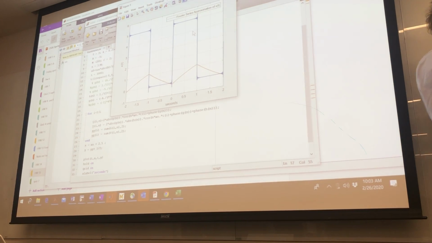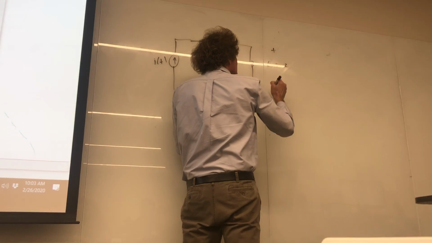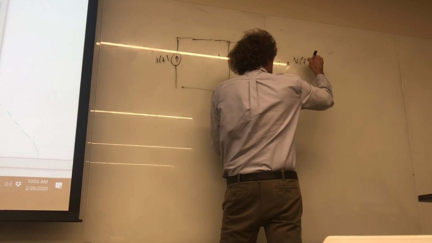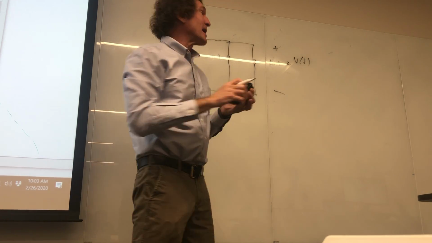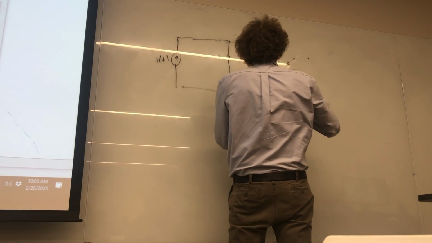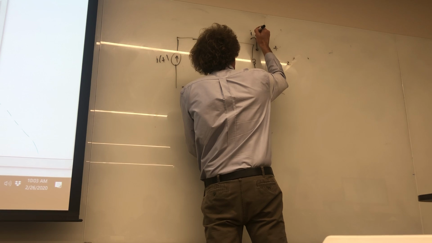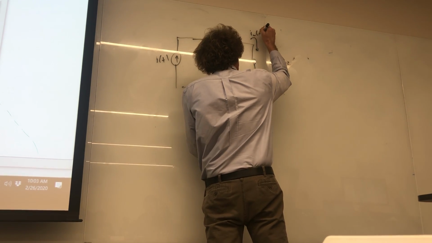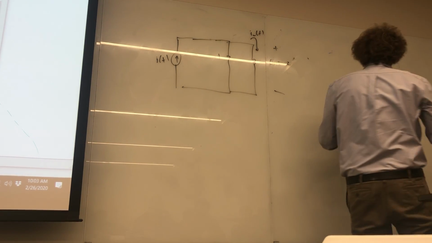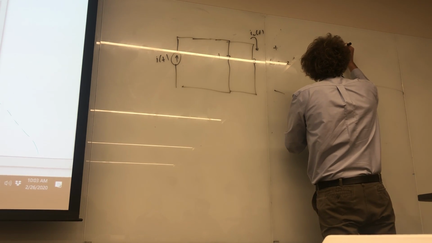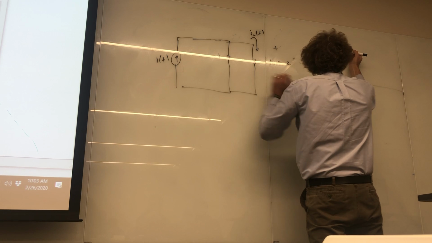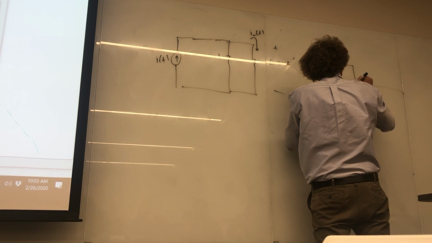So I have a current feeding here, and what they wanted is the voltage, V of t here, isn't that right? Take a look at the problem. Oh, they want I? All right, that's even easier. They want the inductor current, call it I L of t. The source current I of t looks like this.